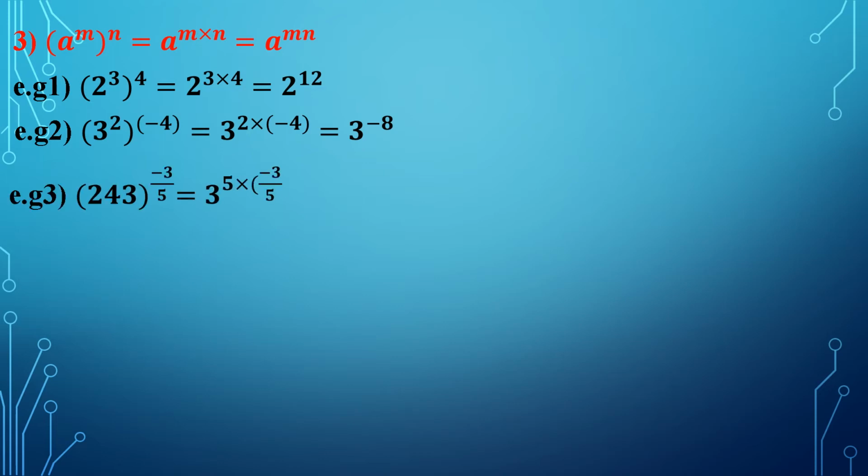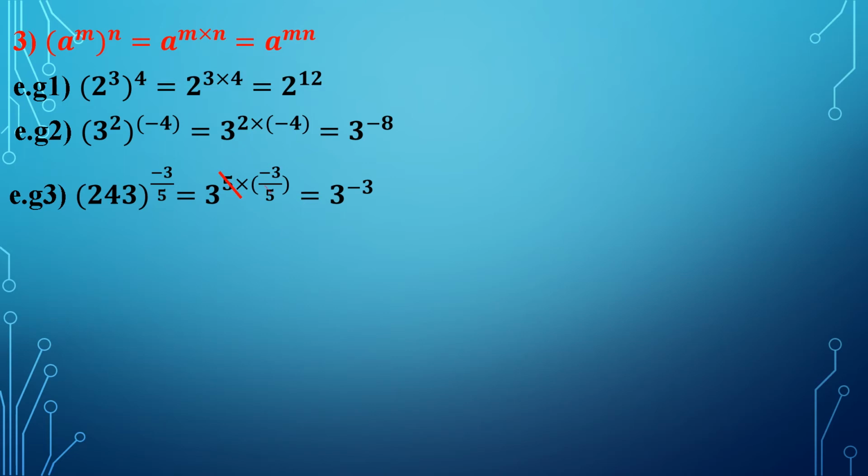Next example, here we are taking a little bit complex one: 243 raised to minus 3 upon 5. First what we will do is factorize 243 and express it in terms of indices. That is 3 raised to 5. 243 is 3 raised to 5, into minus 3 upon 5.